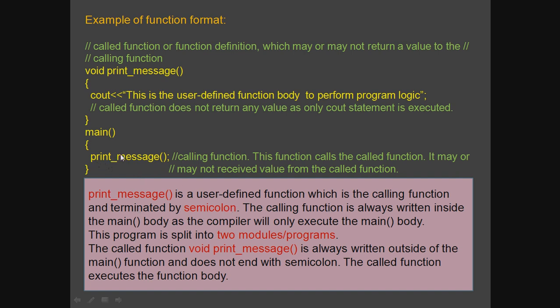The calling function is always written inside the main function body, as the compiler will only execute the main body. This program is split into two modules. The calling function is always written inside the main function body, and it is terminated by a semicolon.